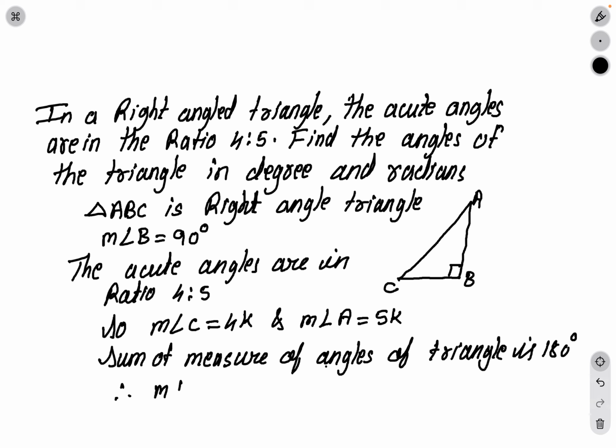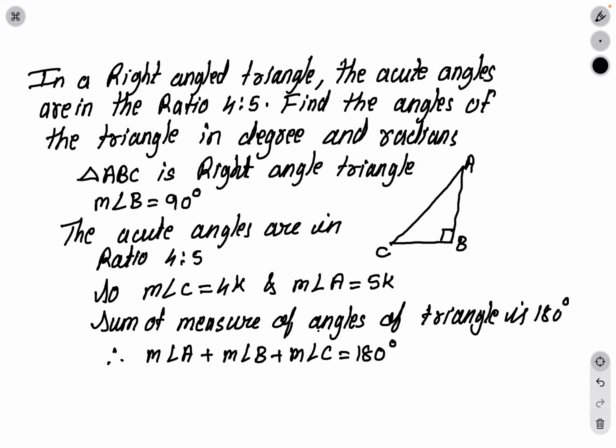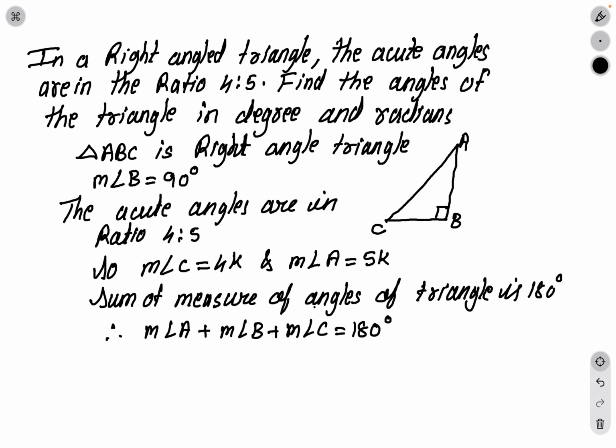Therefore, measure angle A plus measure angle B plus measure angle C is equal to 180 degrees. So measure angle A is 5K, plus 90 degrees, plus 4K, is equal to 180 degrees.